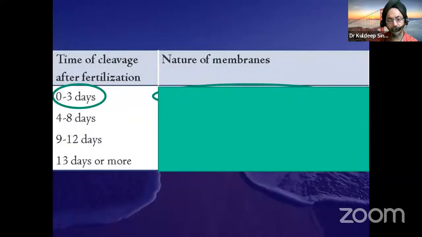So let's go from the time of cleavage after fertilization. If the cleavage after fertilization happens at 0 to 3 days, what type of twins are you going to be expecting? DCDA, MCDA, or MCMA? 0 to 3 days is going to be a DCDA.